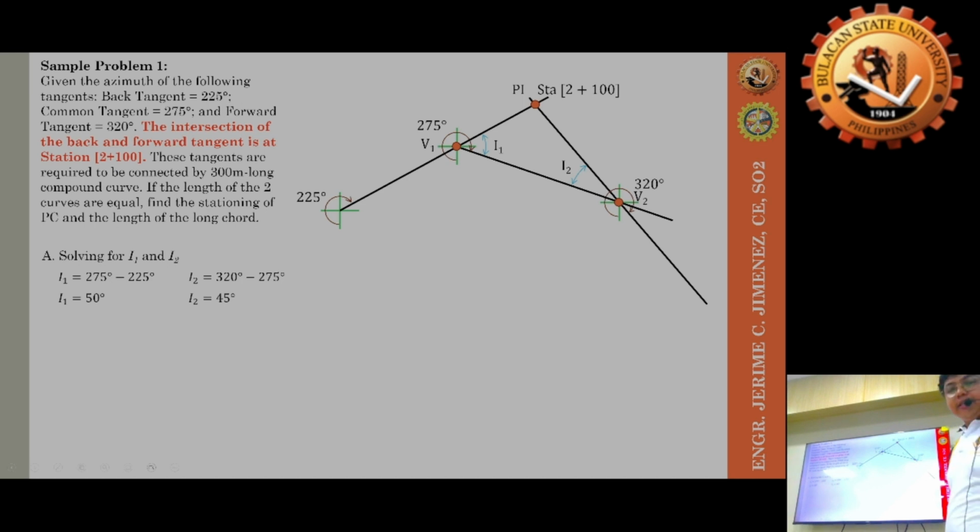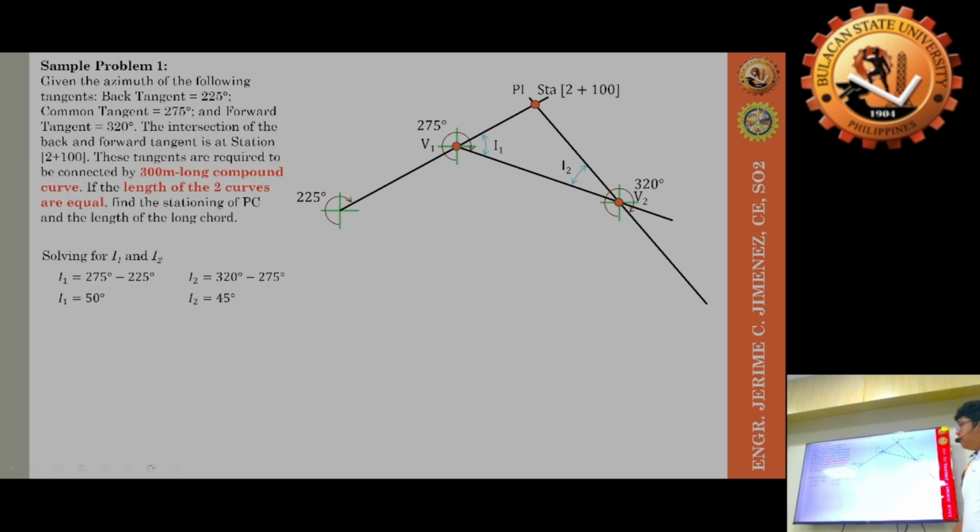Next statement. The statement says these tangents are required to be connected by a 300 meter long compound curve if the length of the two curves are equal. What does that mean? Divide by 2. Very good.